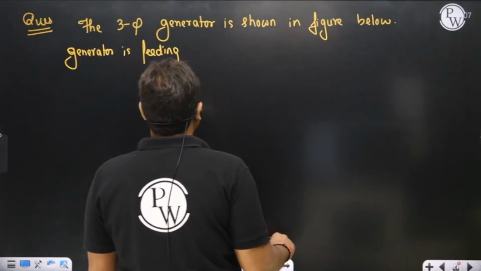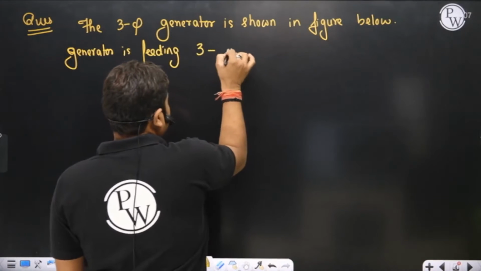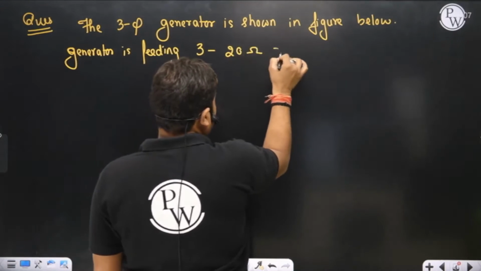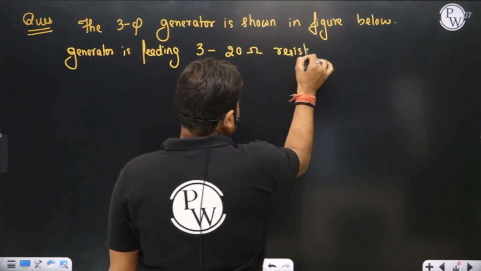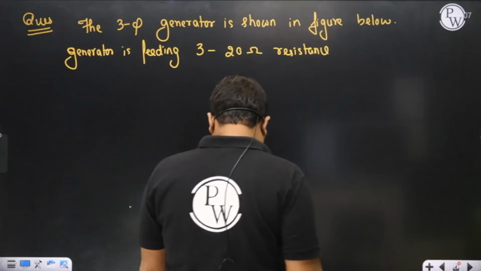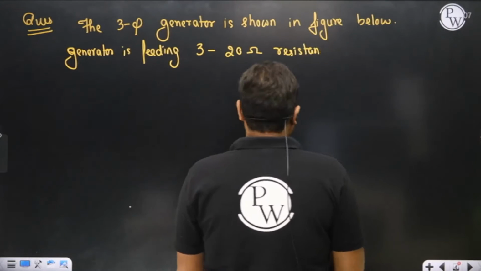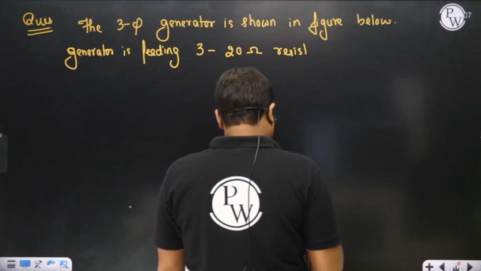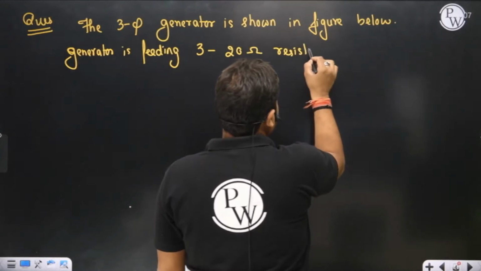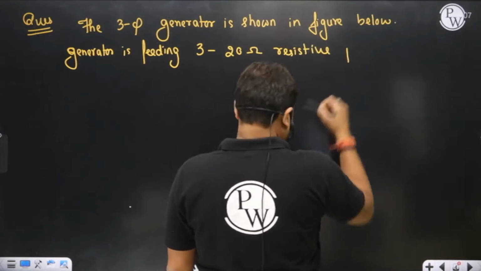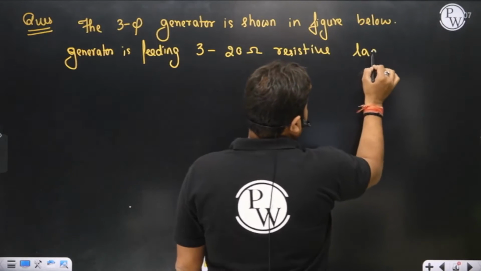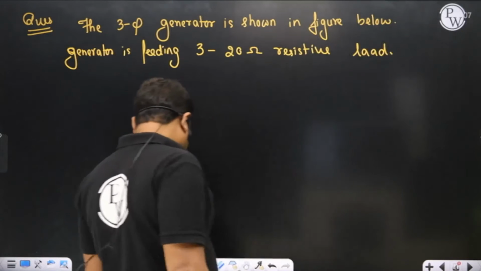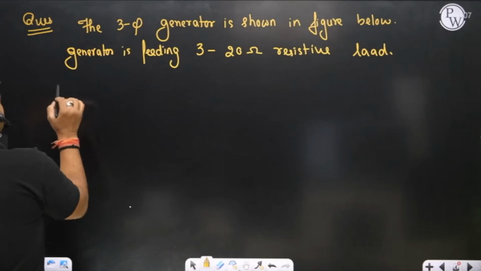The generator is feeding a 320 ohm resistive load.